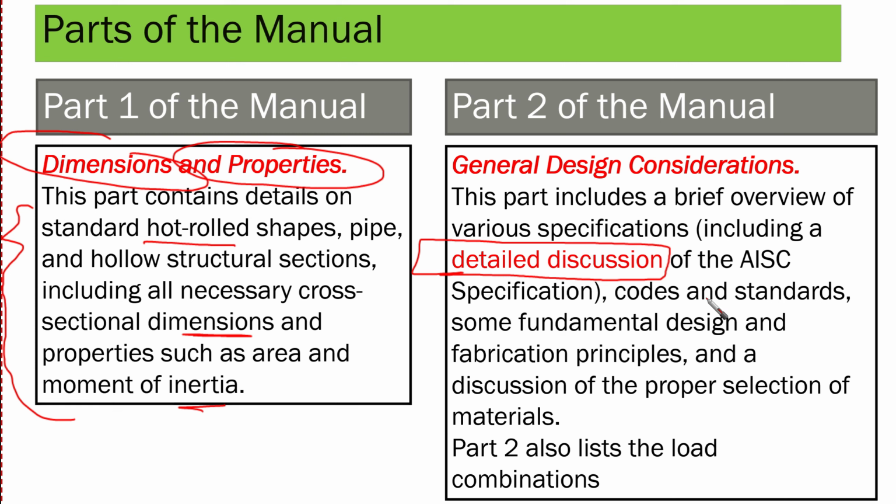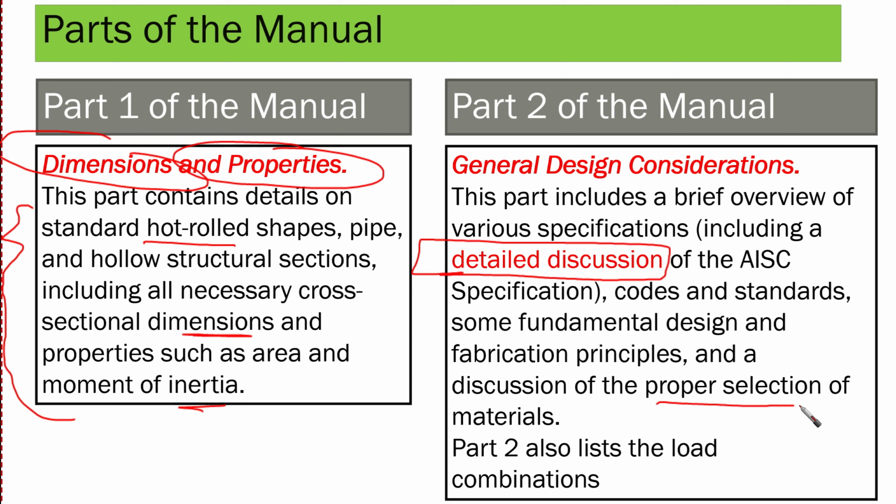Codes and standards: as I said, it includes a detailed discussion of the AISC specifications, and at the same time a brief overview of various specifications and codes and standards, some fundamental design and fabrication principles, and the discussion of the proper selection of materials.